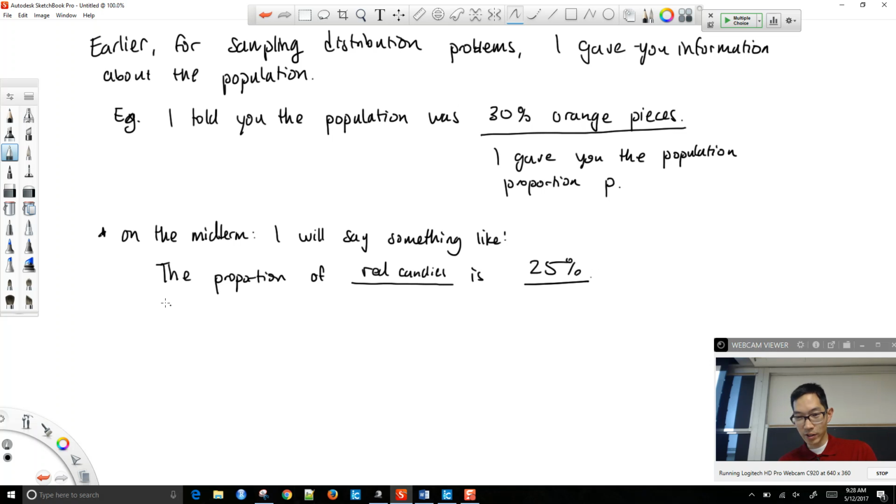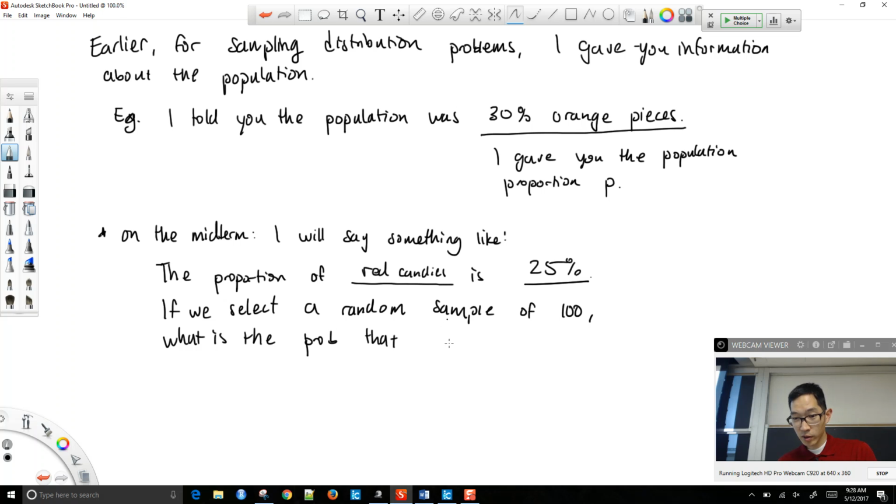And I'll say something like, if we select a random sample of 100, what is the probability that less than 20% are red, or something like that?